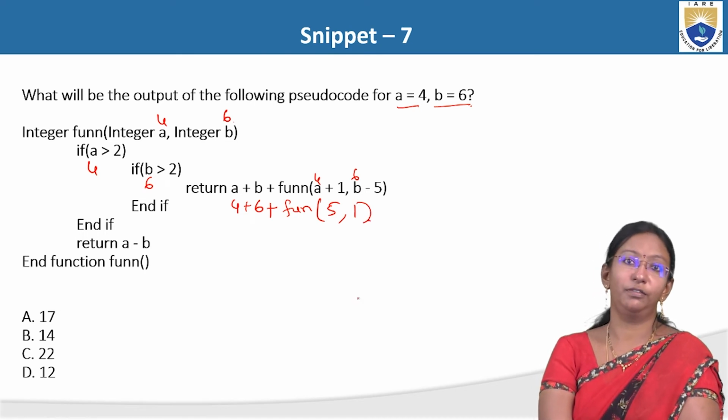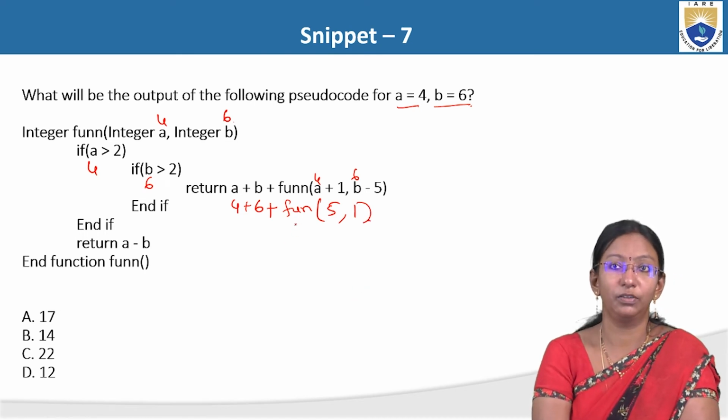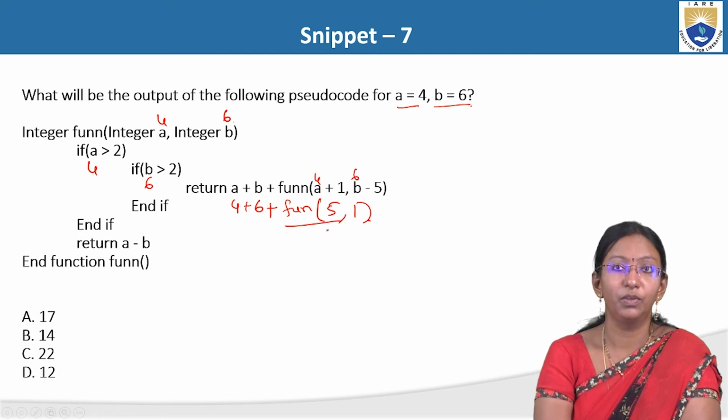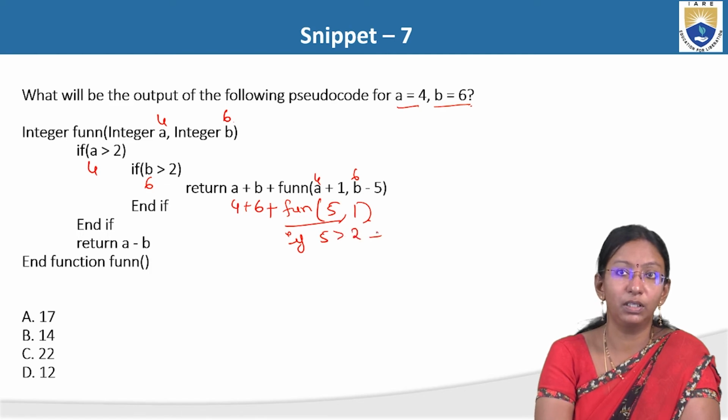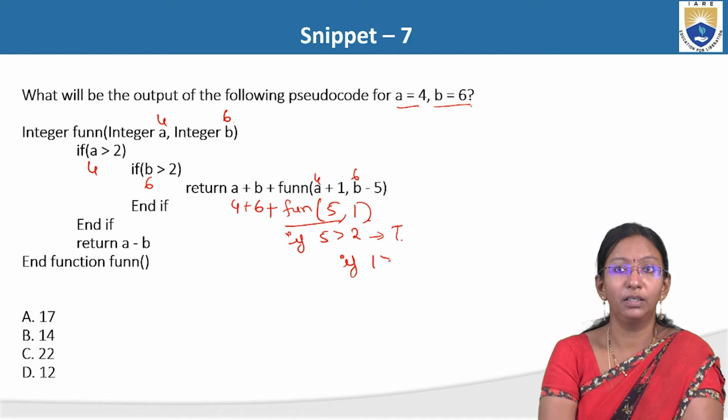This is again a function call, right? A recursive function call. Let me evaluate this one. The value of A in this current function call will be 5. So is 5 greater than 2? The condition is true. Inside it, if B, 1, is greater than 2, the condition fails.